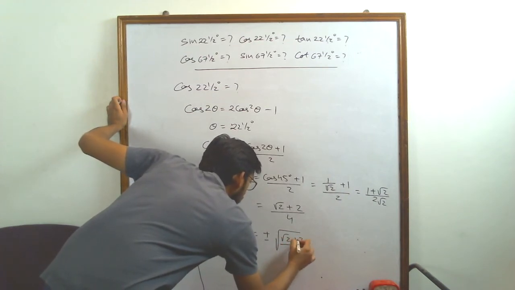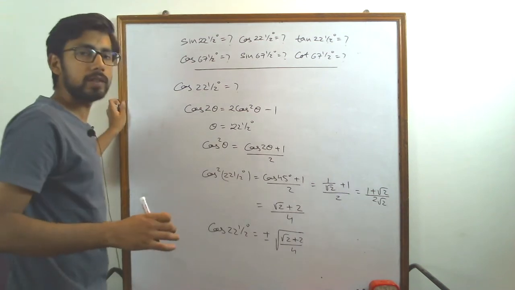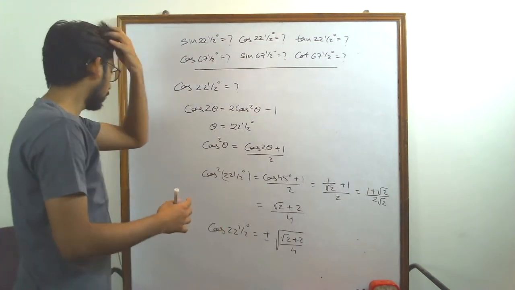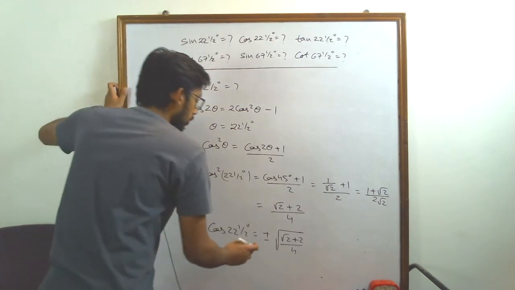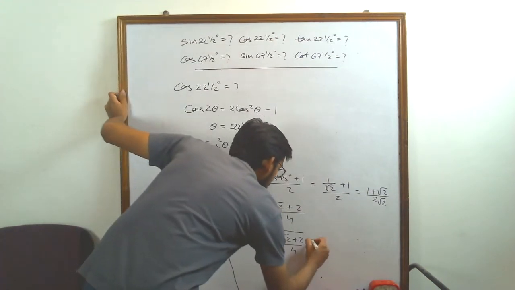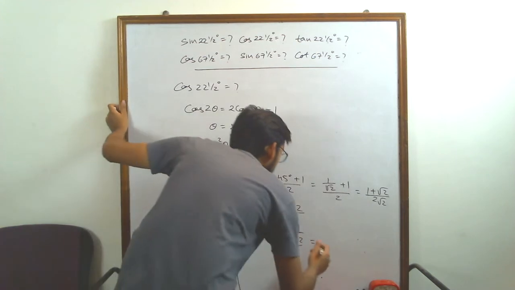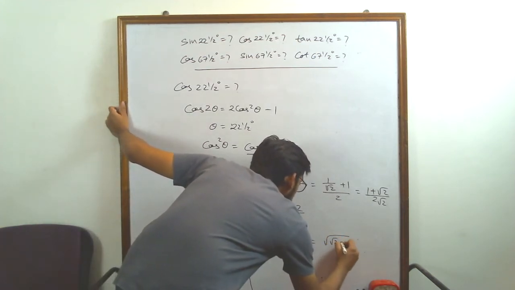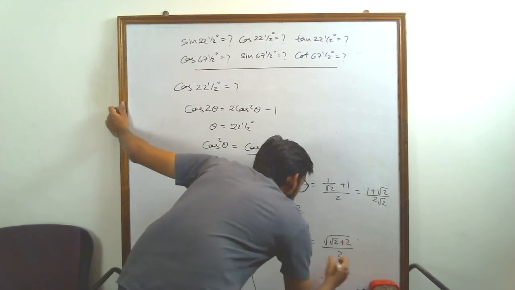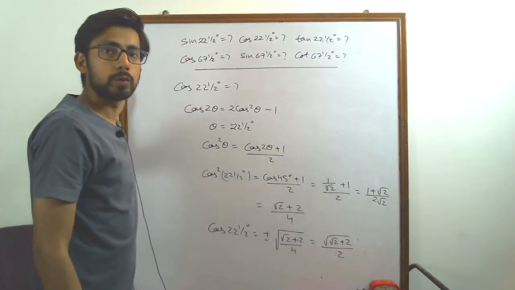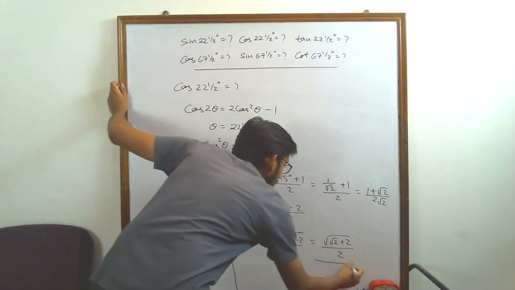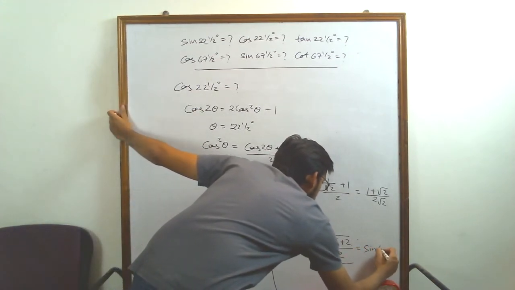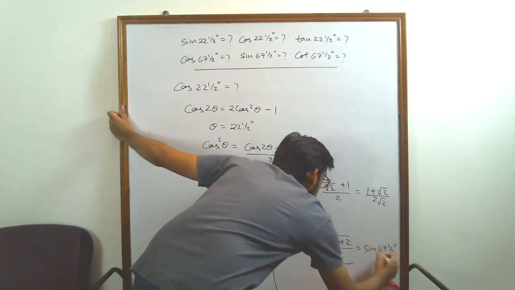But since 22.5 degrees is an acute angle and lies in the first quadrant, cos of that angle will be positive. So we remove the minus sign and we only take this as equal to positive root of root 2 plus 2 upon 2 as the value of cos 22.5 degrees. This is also equal to the value of sine 67.5 degrees.